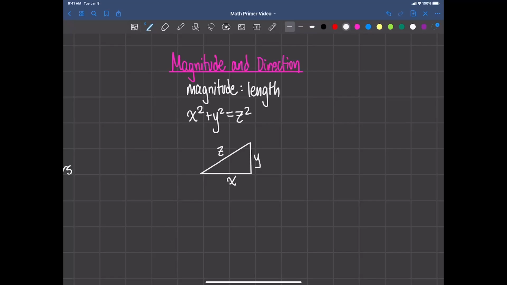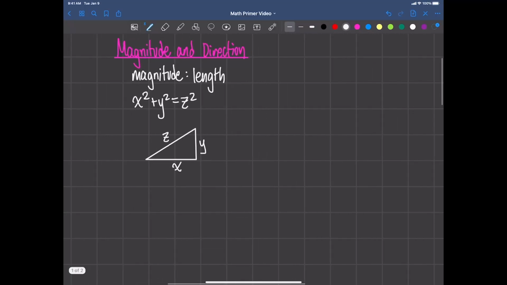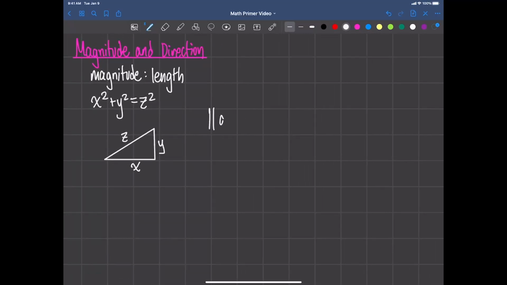So to calculate magnitude, which is represented by these 2 lines on each side of the vector, we take the square root of x squared plus y squared, since z is equal to the square root of x squared plus y squared.